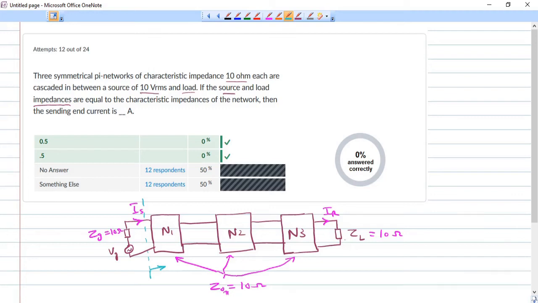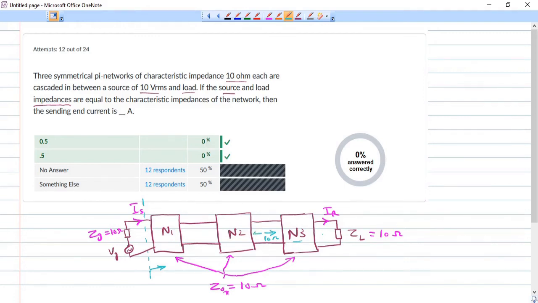From here we can see that ZL, the load impedance, is the characteristic impedance of the N3 network. So the impedance seen from the input side of N3 will also be equal to 10 ohm.